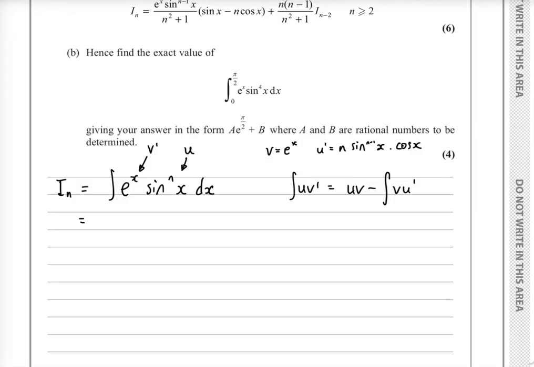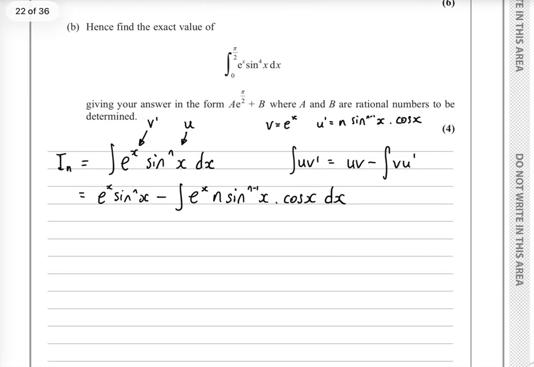So we've got u, which is just sine to the nx, times v, which is e to the x, minus the integral of e to the x times u prime, which was n sine to the n minus 1 x times cos x dx. Now we need to integrate this, and what we're going to do is apply the integration by parts formula again, and I'll take the n outside the integral.